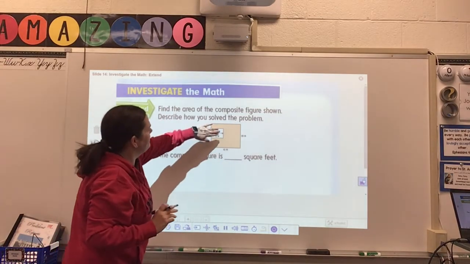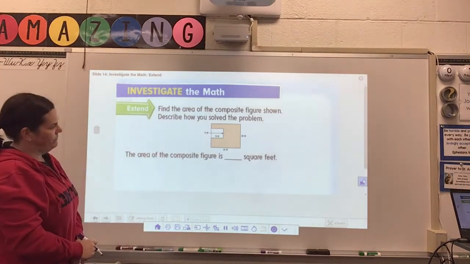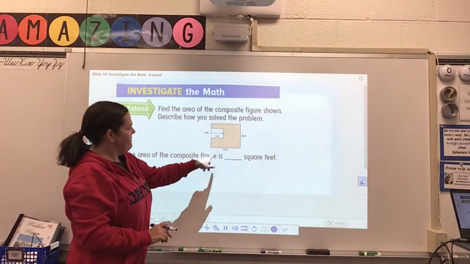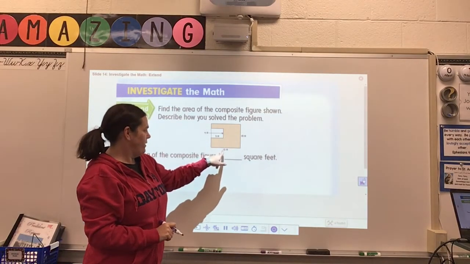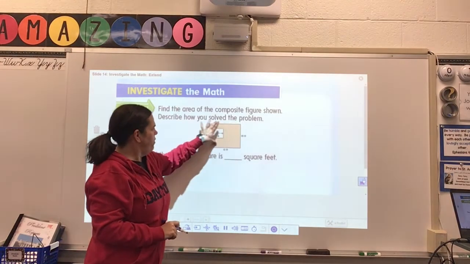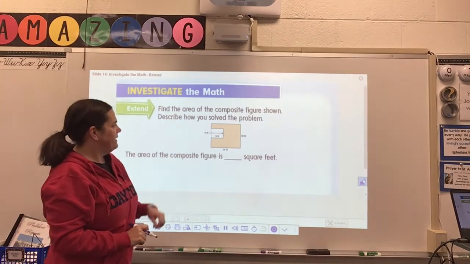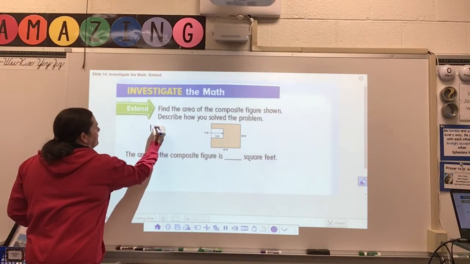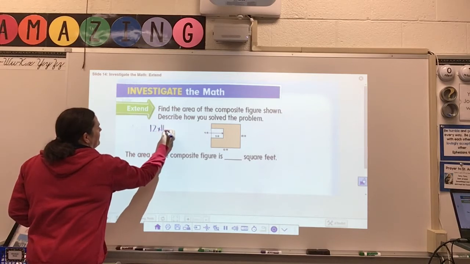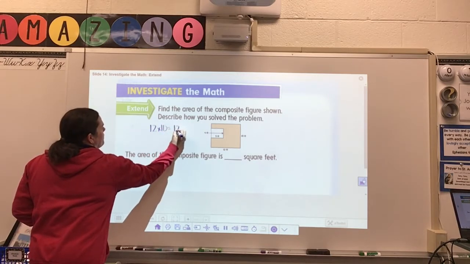Let's forget about this little part that's chunked out. I can use my fact table and multiplying by tens to know that this whole rectangle is 120 feet because 12 times 10 equals 120.